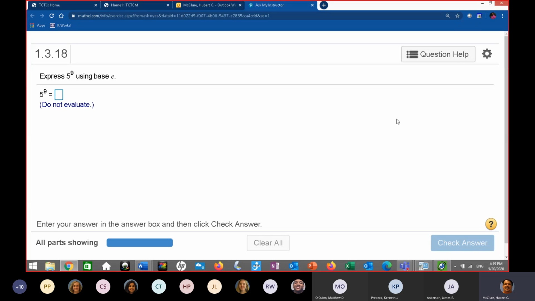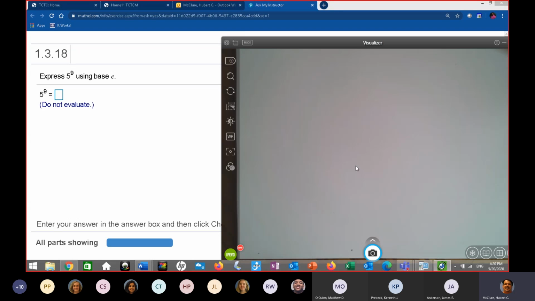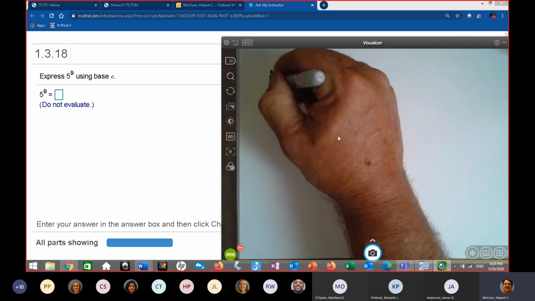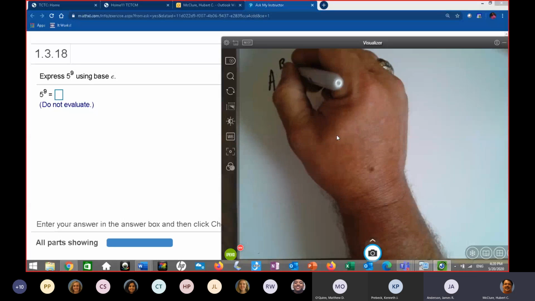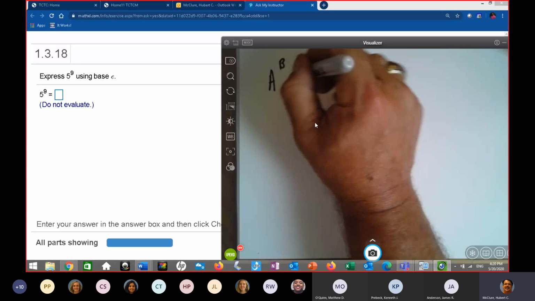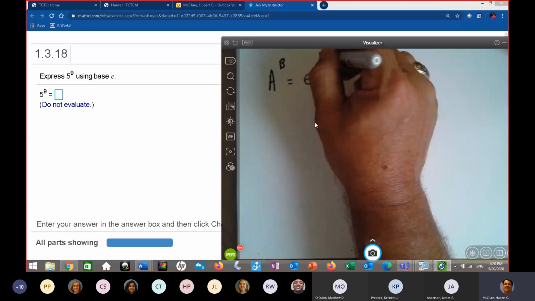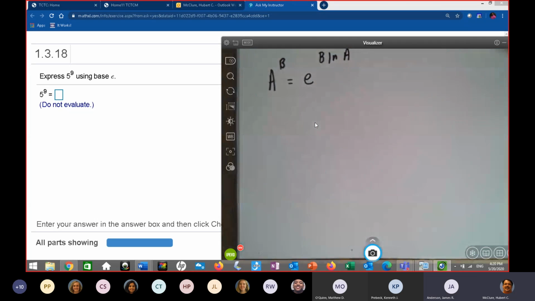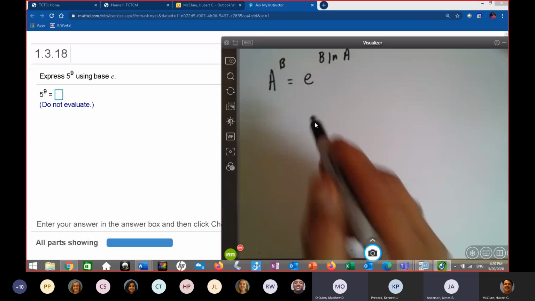It would help if they gave you this ancient rule that none of you probably know. Yeah, this is one of those rules that you don't know. A to the B is equal to E to the B natural log of A. Now, I don't want you to lie, but how many of you knew that rule? I did not, until reviewing the textbook.